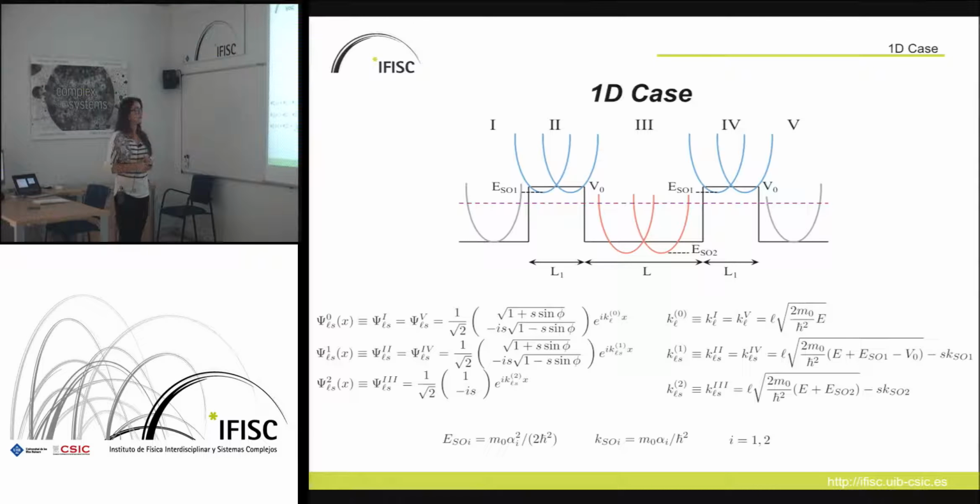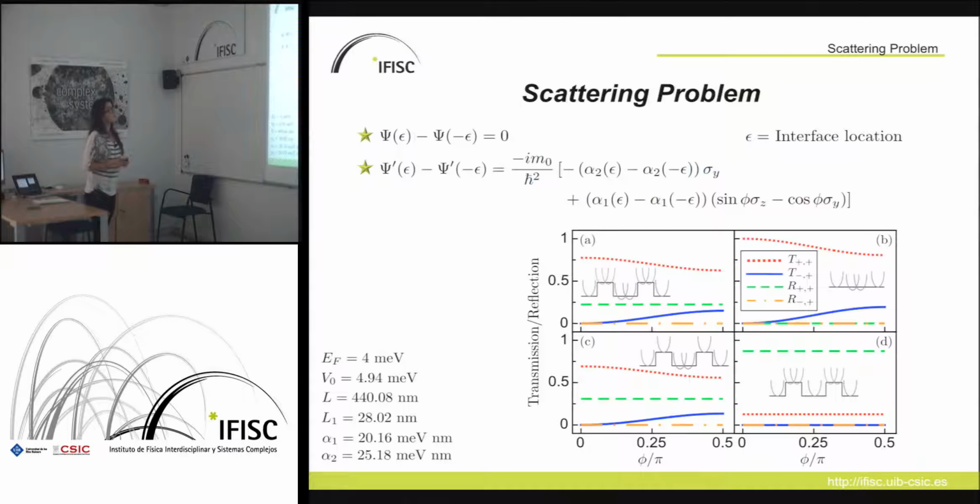Here we have the momentum in each region, where L indicates the direction of the motion of the momentum, and S is the index of spin. Then we can now solve the scattering problem, and using the matching method, we obtain the matching conditions.